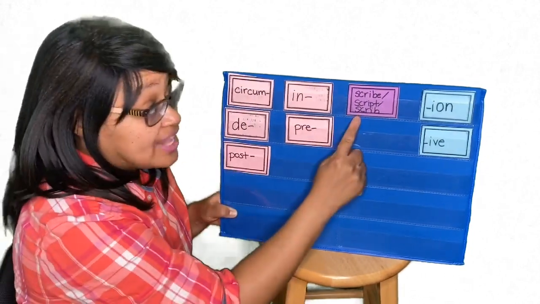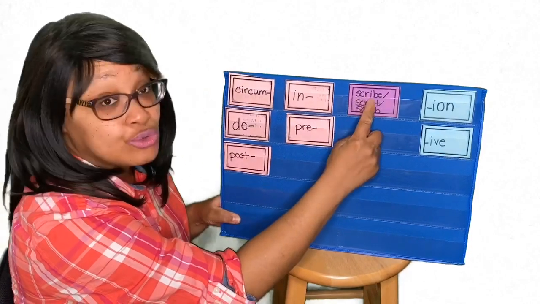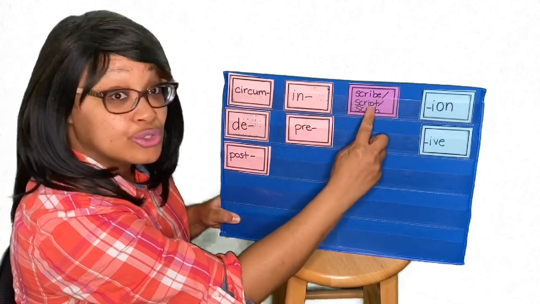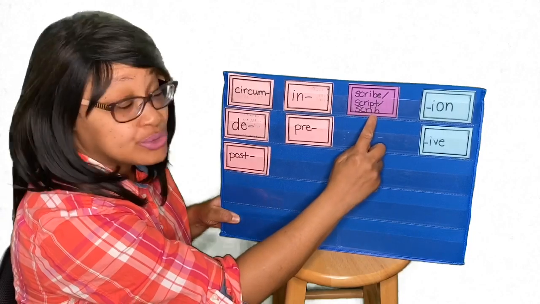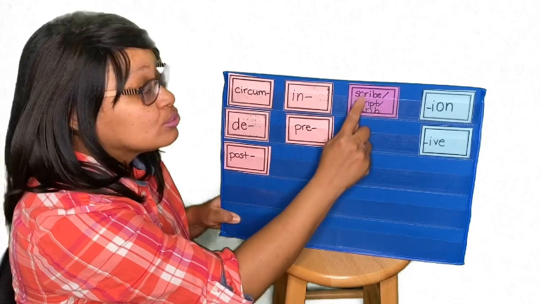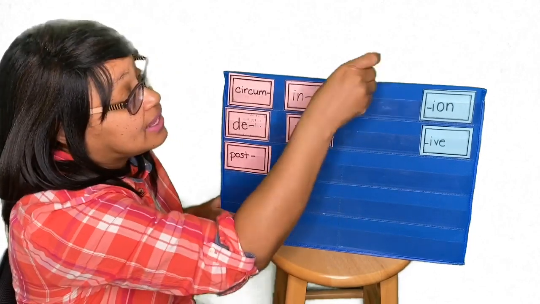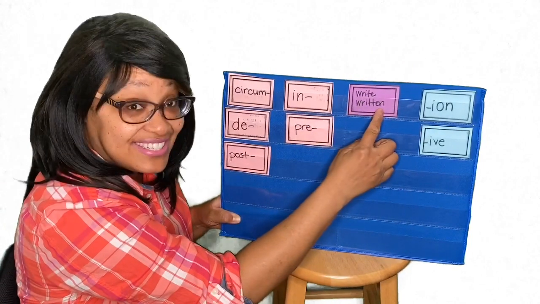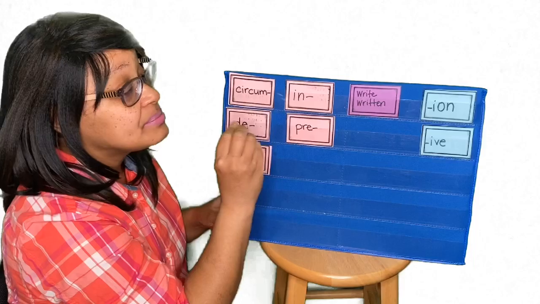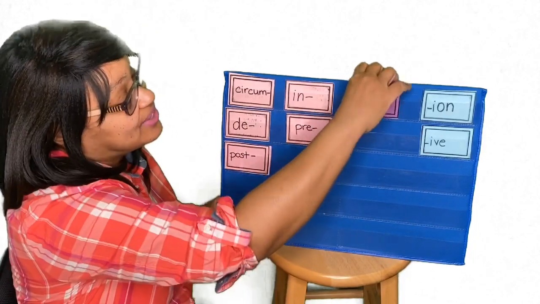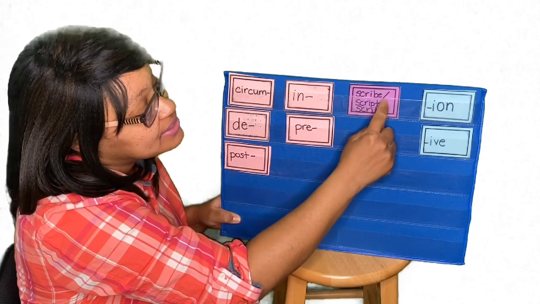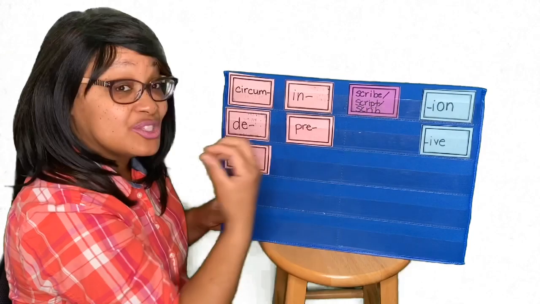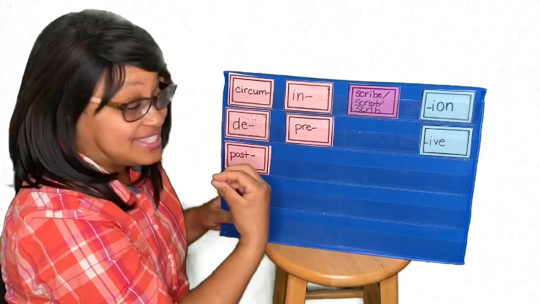Now, our Latin root today is scribe or script or scrib. These roots are all related. They all mean write or written. So to write or something that is written. Okay, so we have scribe, to write, script is written, scrib, written.